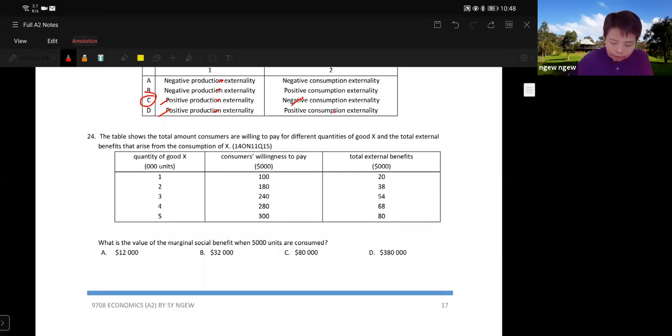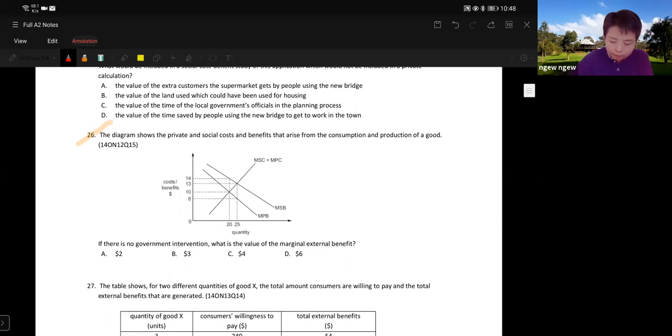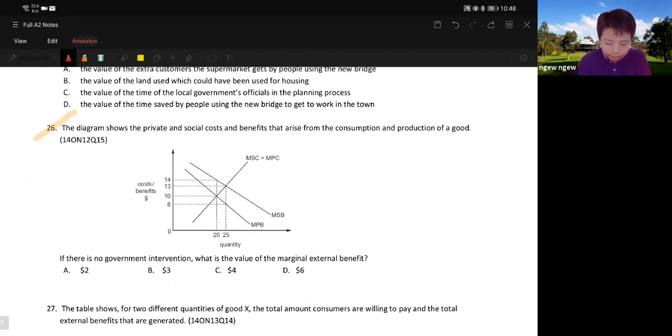And moving on, guys, I'll need you to look at another question, which is 26. Let's say the diagram is showing you the private cost and social cost from the consumption or production of goods. If you look at the diagram, it is showing you two demand curves. Obviously, this is a consumption externality, just to test us out.